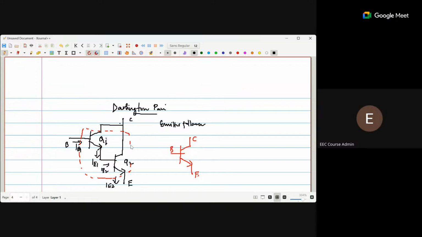Beta being very large, beta 1 and beta 2 get multiplied. If both of them are beta, it will be beta square. I think we did one question on the Darlington pair through the assignments. So here you have IB. Let me just show you.